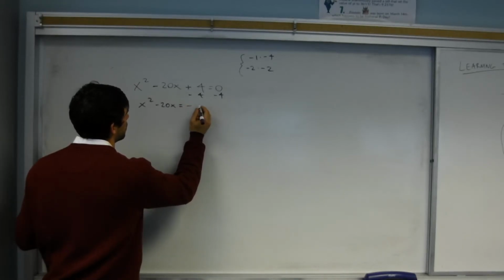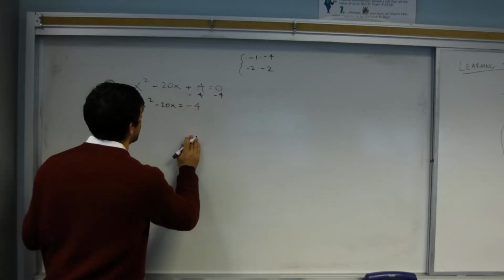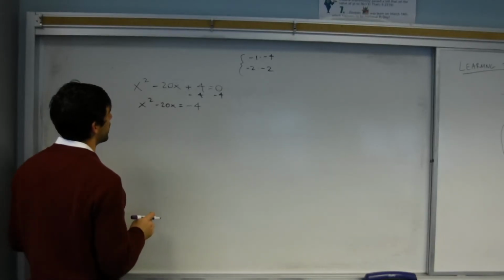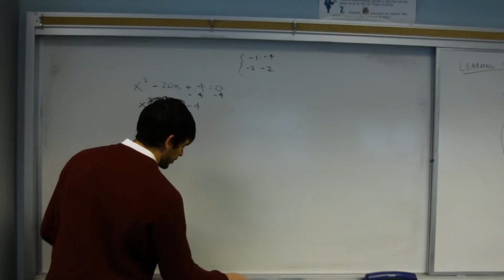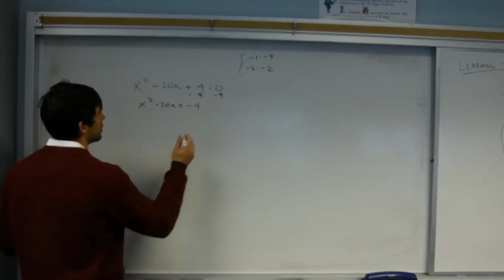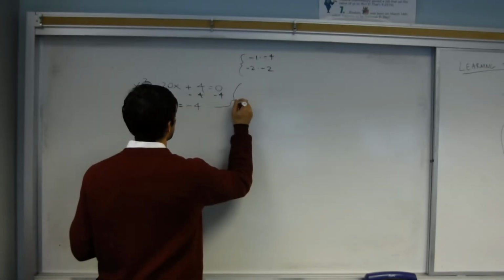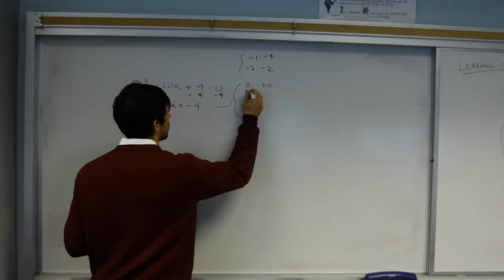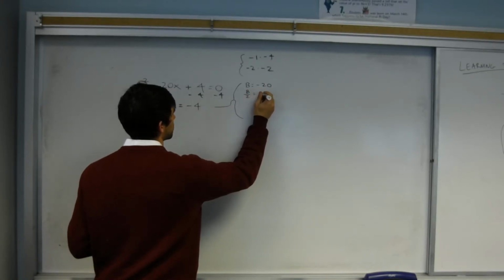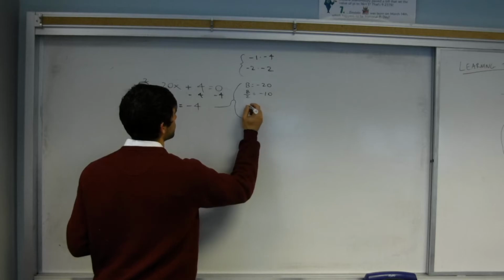And then we're going to say, okay, so b is equal to negative 20. b over 2 is thus equal to negative 10.